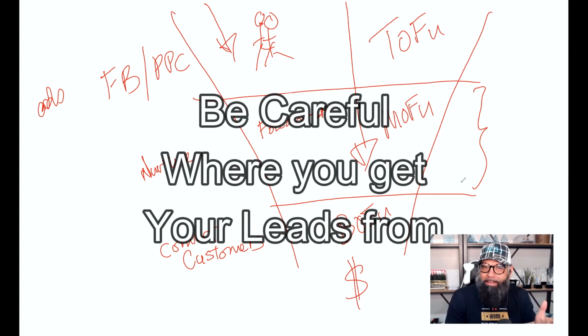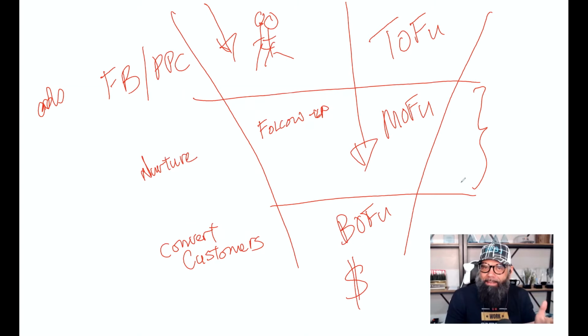That's the other thing too: you've got to be careful where you're getting your leads from, because a lot of lead gen companies will skew their numbers. They'll say, yeah, we get 15% conversion. Yeah, but not with me. You might get 15% conversion because they're overselling those leads and there are 10 other agents involved in the same leads that you get.